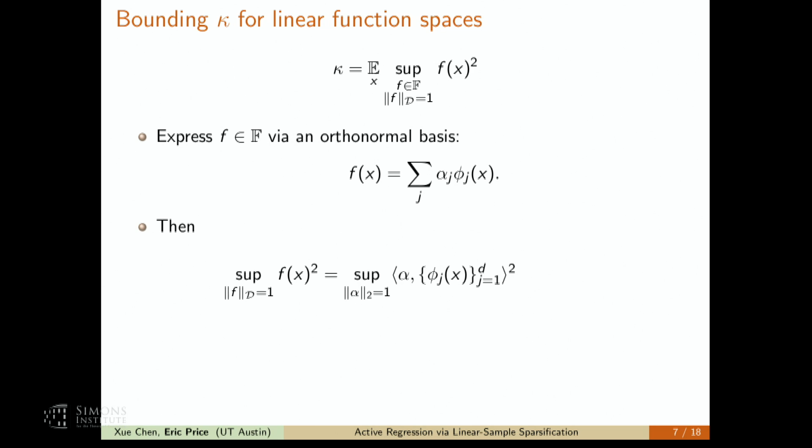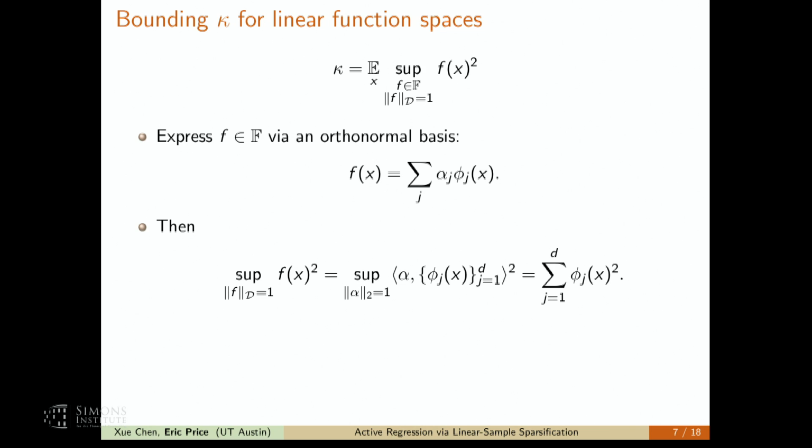Then consider the supremum over f of x squared, where f has norm 1 under the distribution. That means that the alpha j's have L2 norm 1. You can think of the vector alpha dot the phi j of x as being the value of f of x.